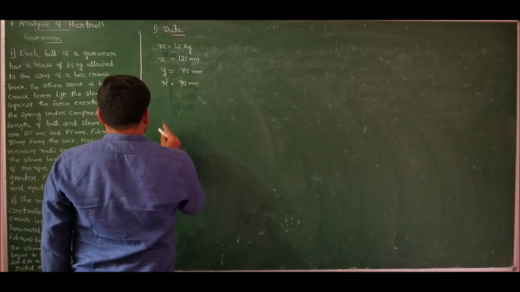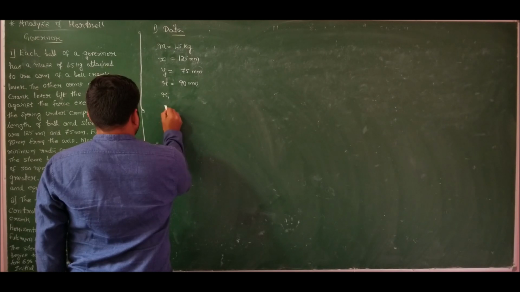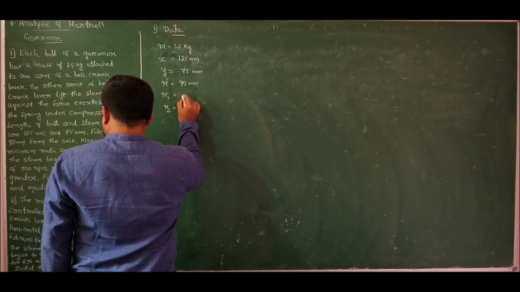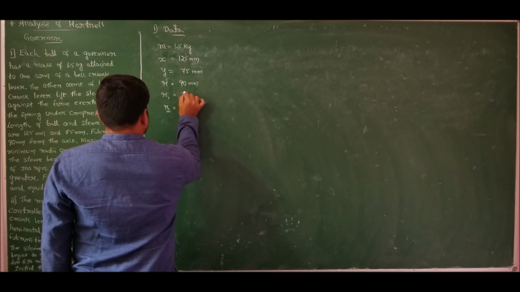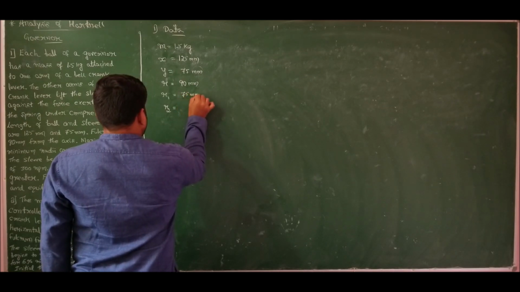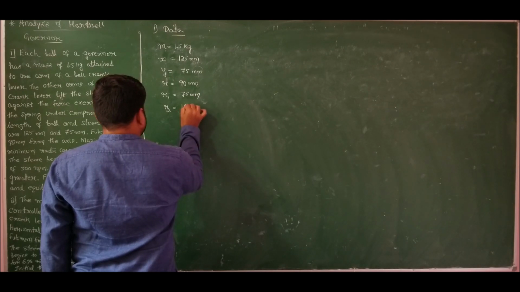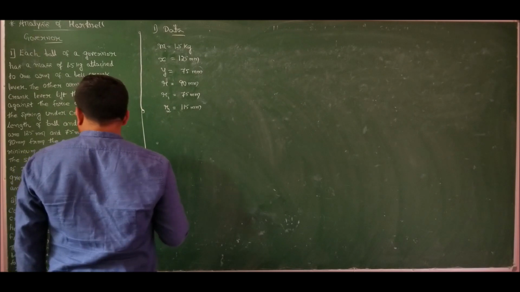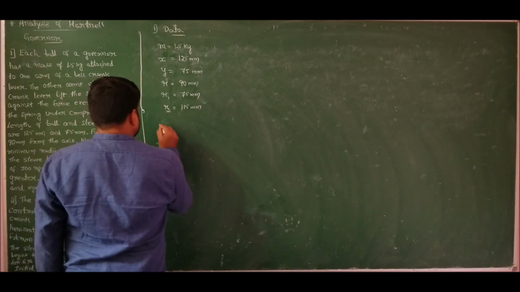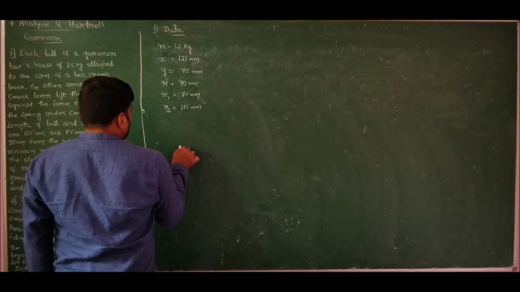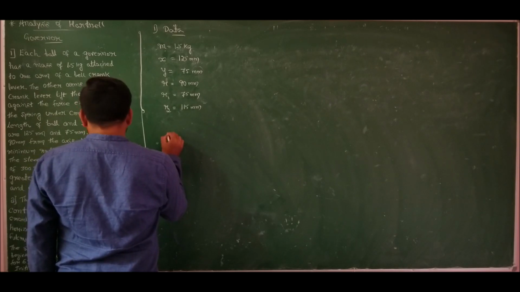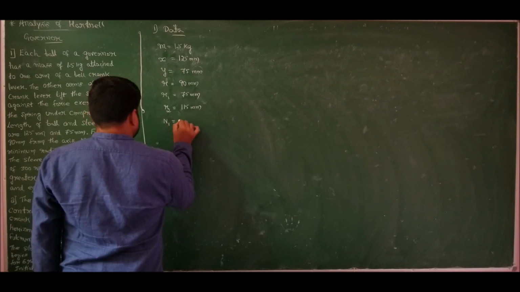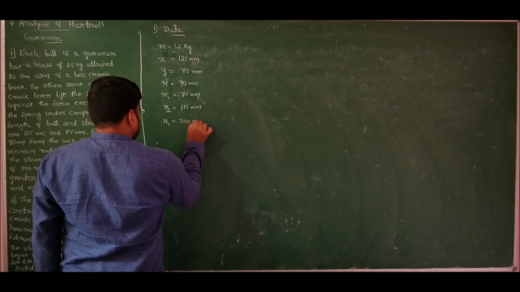The maximum and minimum radii are also given. R1 is minimum, R2 is maximum. Minimum is 75 mm and maximum is 115 millimeters. The sleeve begins to lift at a speed of 300 rpm, so the sleeve is starting to move up at 300 rpm. At that point we have minimum speed N1, which is 300.